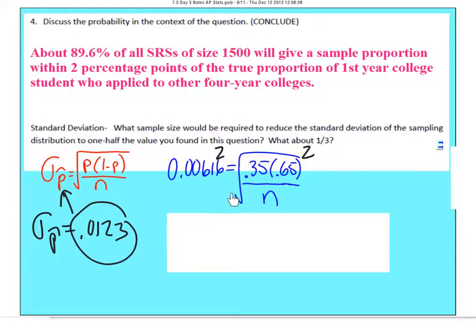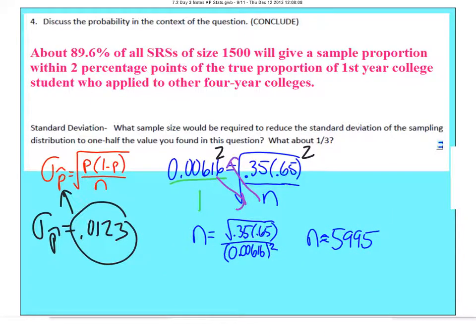That's going to eliminate the square root. Then you can cross multiply if you want. The n would then go up and this value would come down. Remember, this number here was being squared.